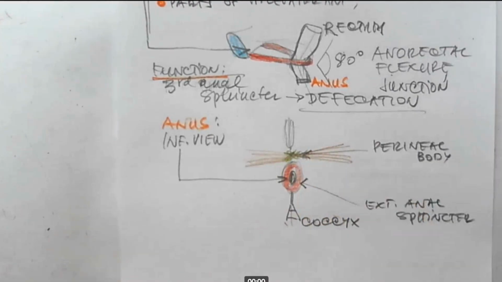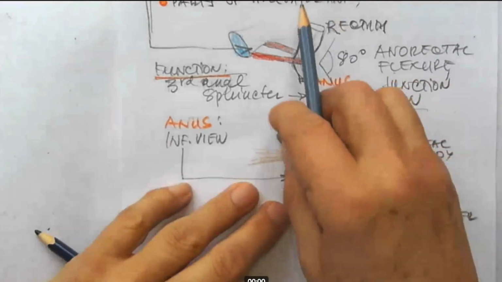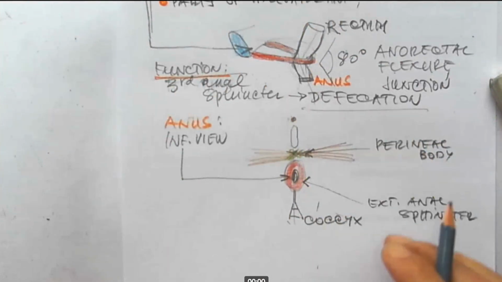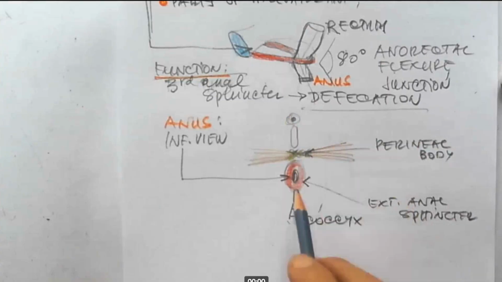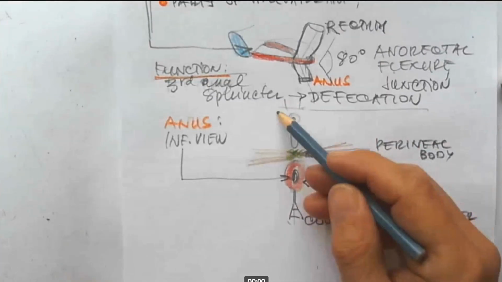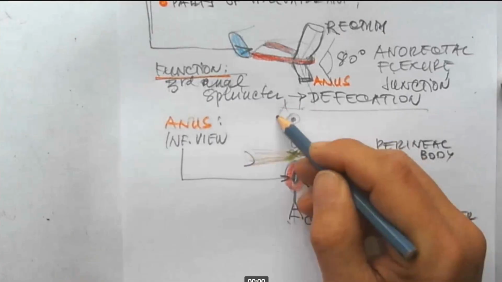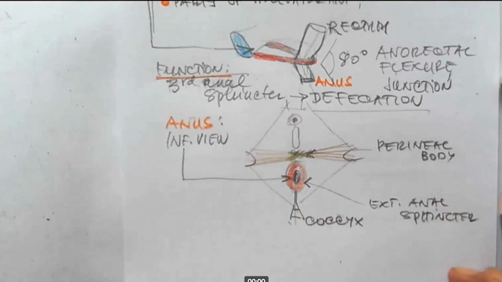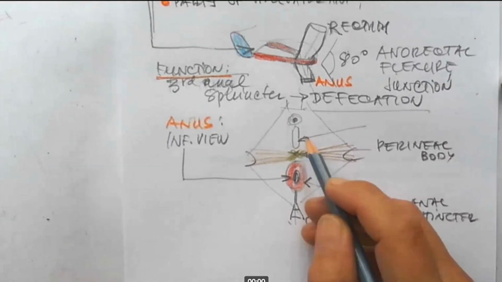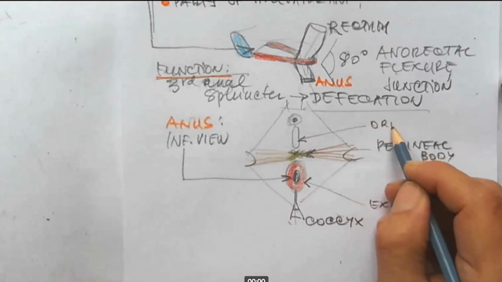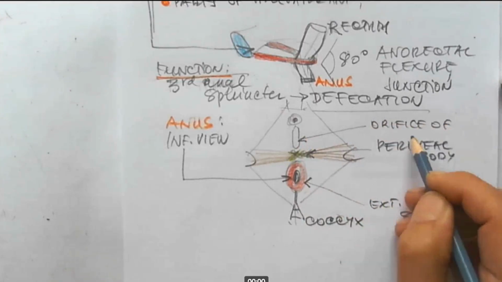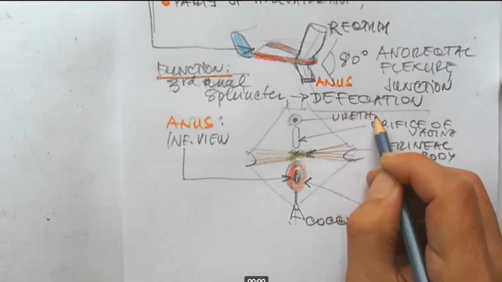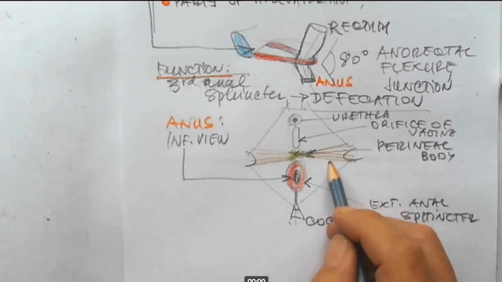Here I have to draw the orifice of the vagina. Here is the urethra with sphincter, and here would be the pubic symphysis. So we could even add two lines ventrally and dorsally, and we see the two trigones. This is the orifice of the vagina, the female urethra, then the anus, then the muscles of the perineum.